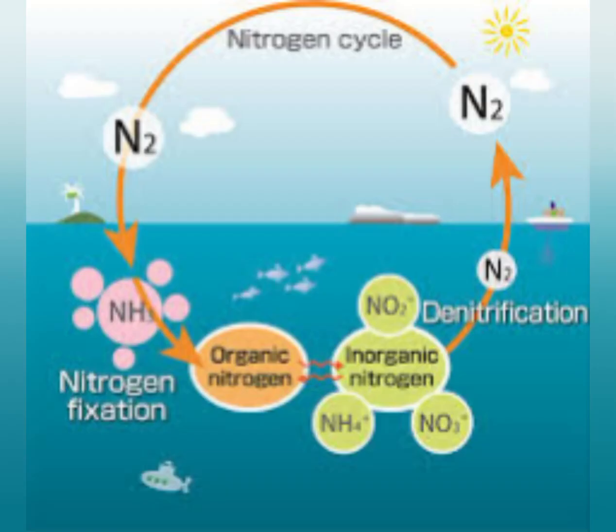A similar kind of process also takes place in the marine ecosystem, in the oceans. Nitrogen is also fixated in the ocean. How? Nitrogen compounds from the atmosphere fall into the ocean as sediments.